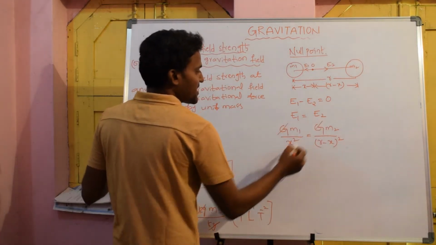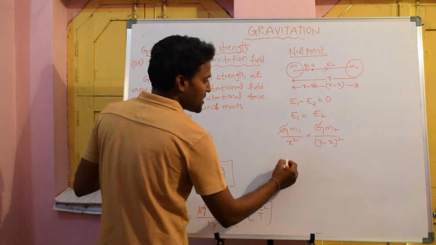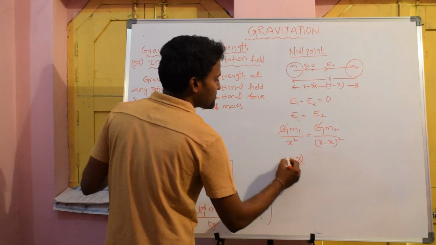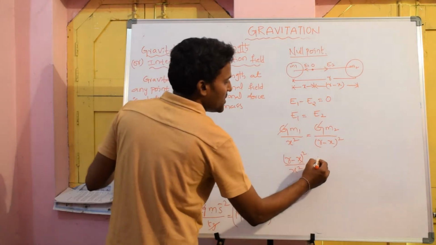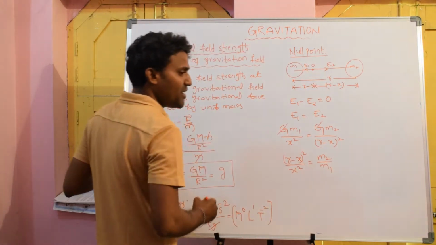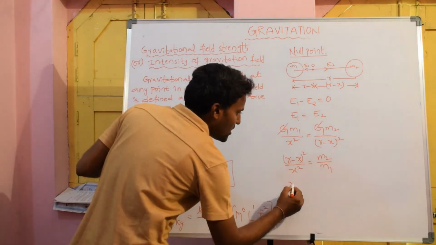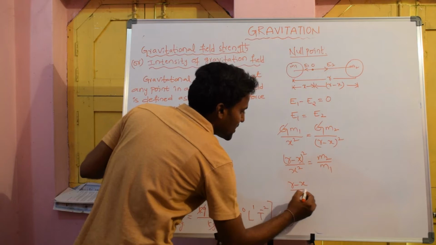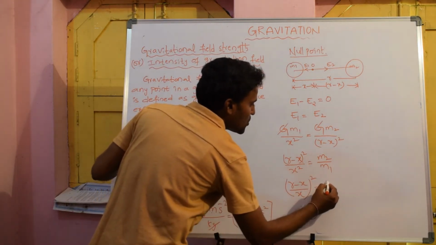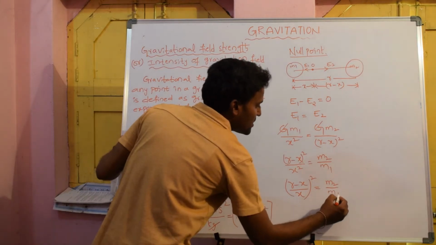Both sides G get cancelled. R minus x whole square, I am taking this side, R minus x divided by x. M2 by M1, I am taking to the denominator. Now R minus x divided by x whole square is equal to M2 by M1.